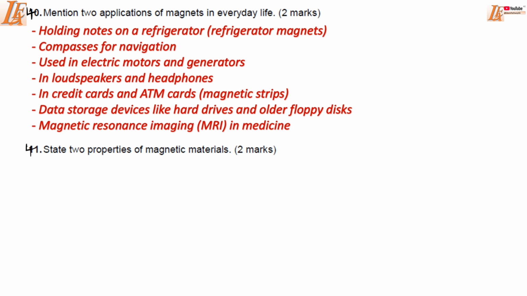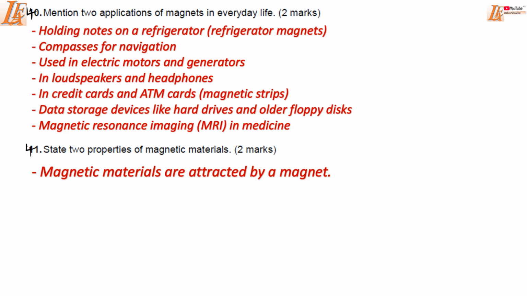Then question 41, name two properties of magnetic materials. Remember, magnetic materials, we said these are materials that can be attracted by a magnet. Now, what are the properties of these materials? The first one is that magnetic materials are attracted by magnets. That is a definition of magnetic materials and one of the properties.